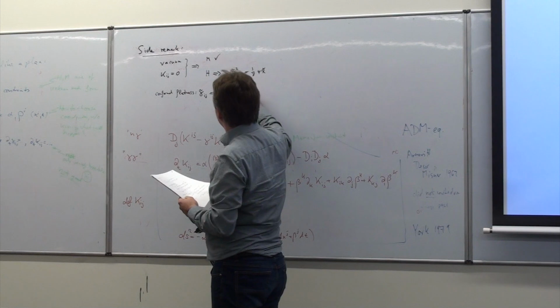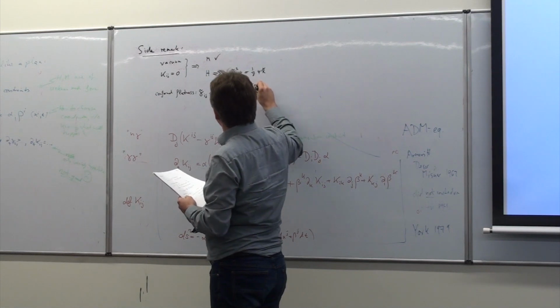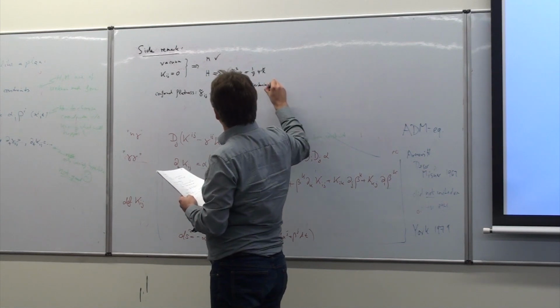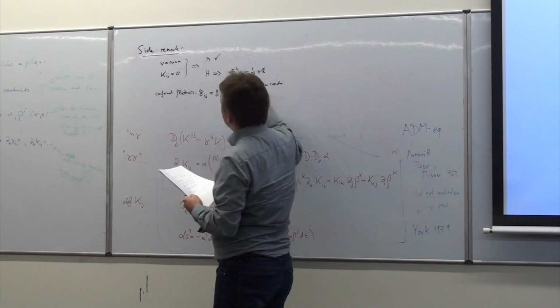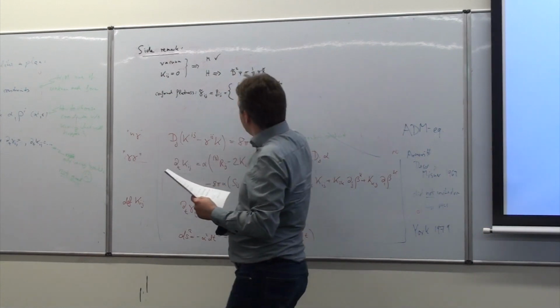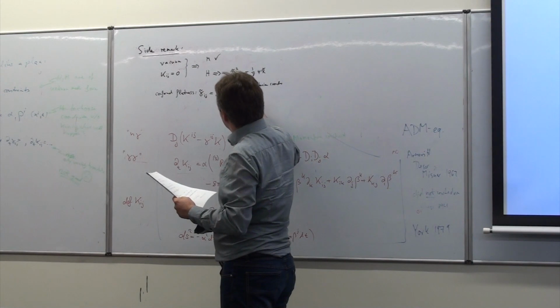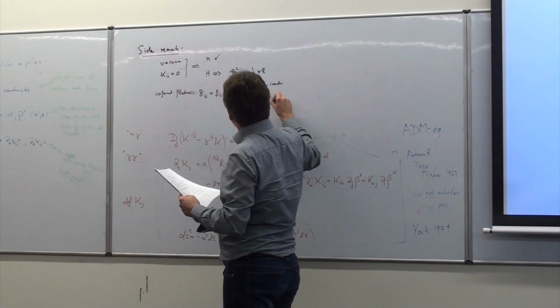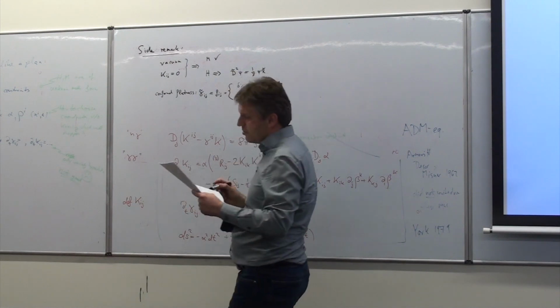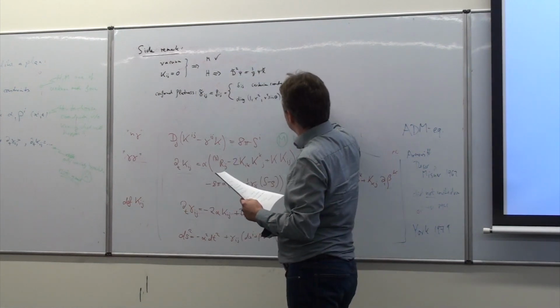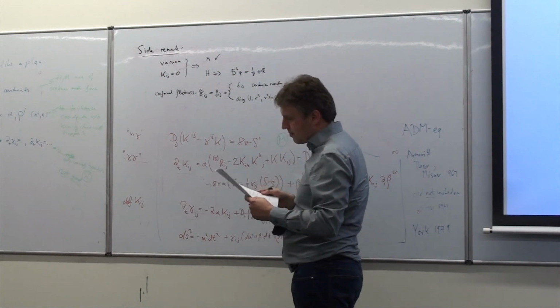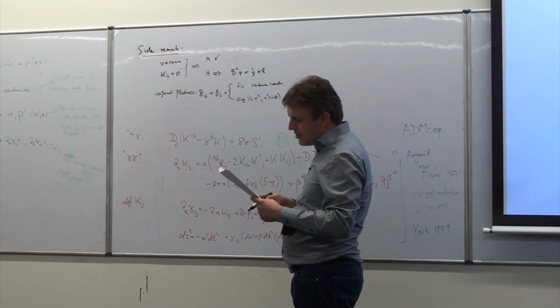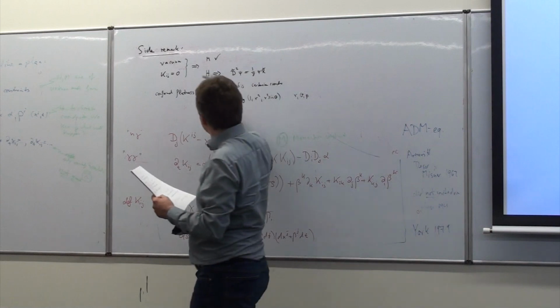If you are in Cartesian coordinates, this would just be delta ij. If you're in spherical coordinates, this would be 1, r squared, r squared sine squared theta as a diagonal matrix. It doesn't really matter which one you're choosing.